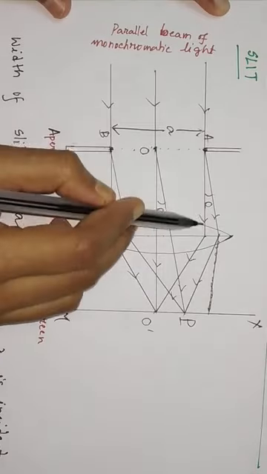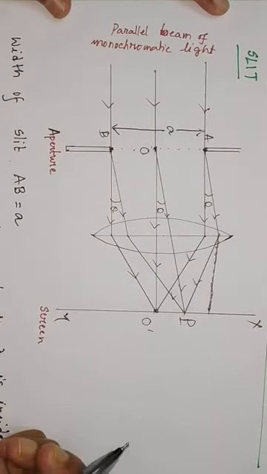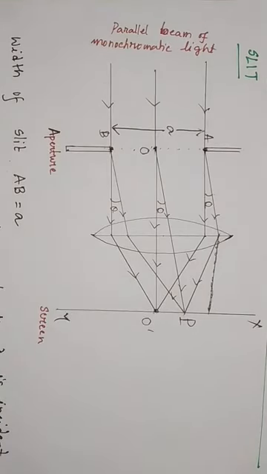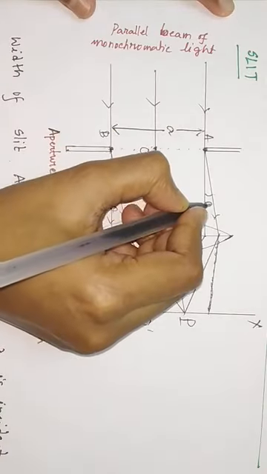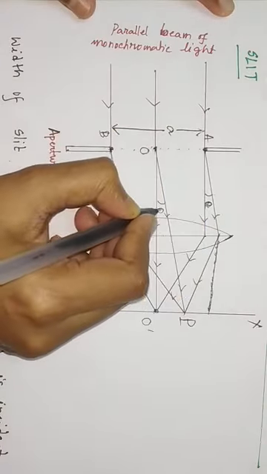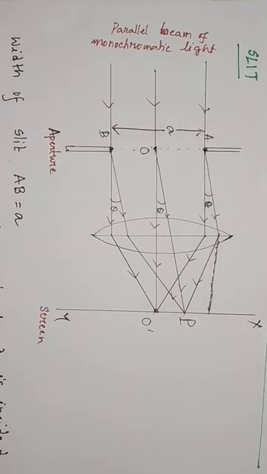After passing through the lens, they will be focused at O prime, which is the center of the screen. There will be some rays which are diffracted by an angle theta, like these rays, and other rays which are diffracted by some other angle.